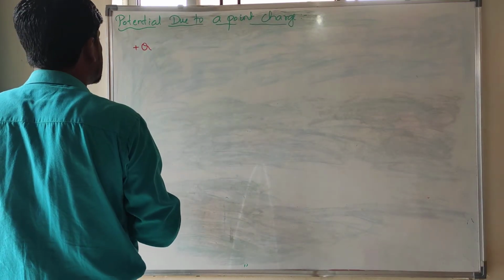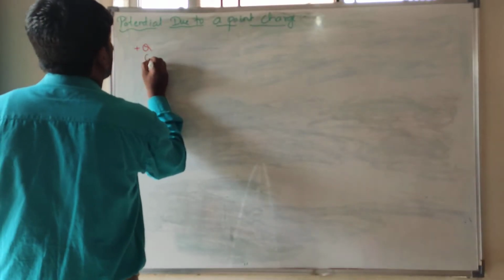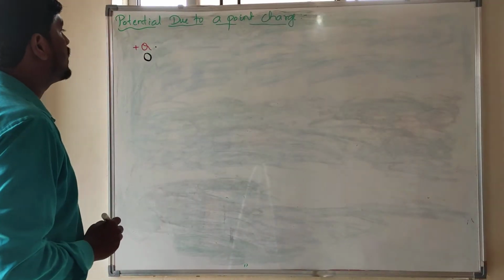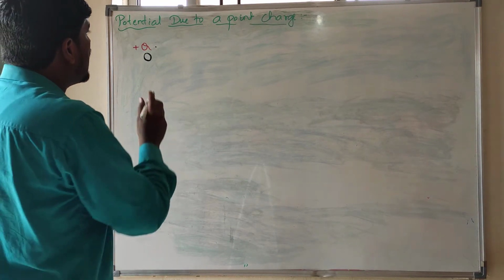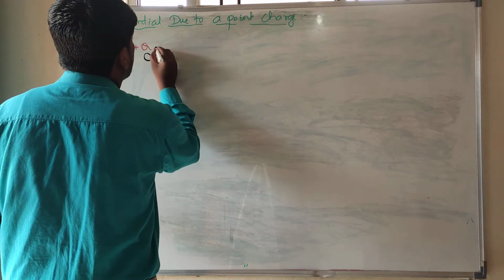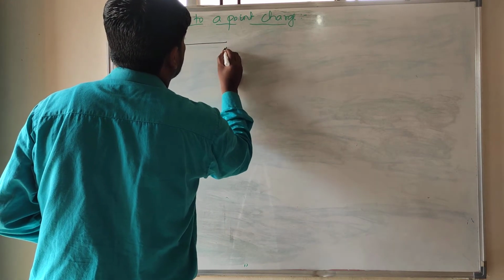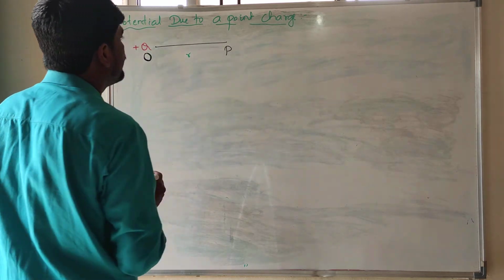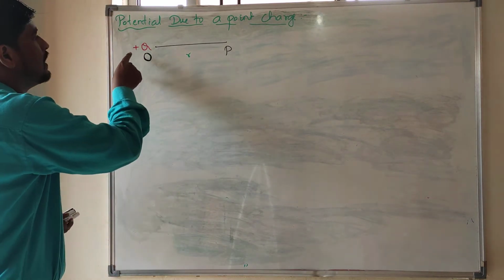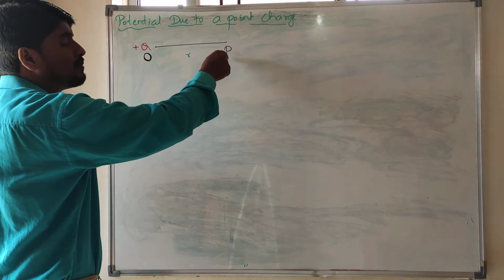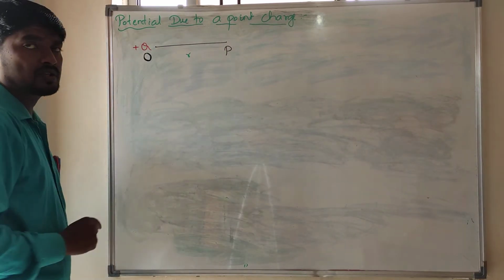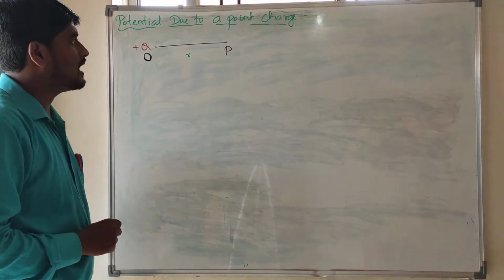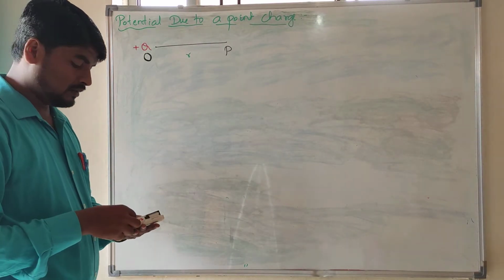Consider a point charge Q at O. First sentence, consider a point charge Q at O. Now, after considering this, I want to calculate what is the electric potential at the point P at a distance of, say, R. Our motto is, what is the electric potential at this point P due to this charge plus Q. OP is the radial distance or radial vector R. Now, our same procedure.